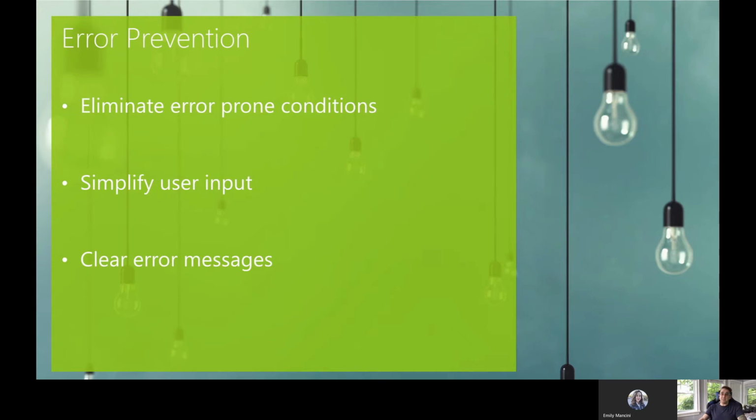And then based on the zip code, pre-populate a drop down with city and state or country or whatever fits your use case. Now, those should be changeable because the web service may make a mistake, but really think about simplifying that user input, because not only does it eliminate errors, but it also eliminates steps for your users, which streamlines their process.